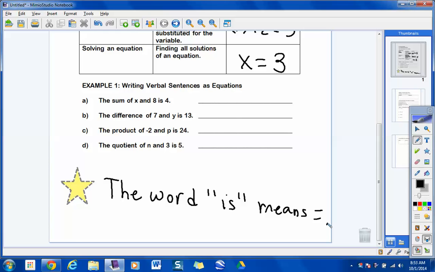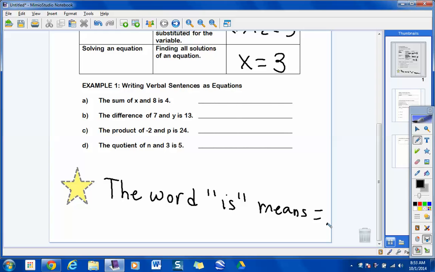All right, guys. The first one right here. Let's dissect this a little bit. In example 1, writing verbal sentences as equations, it says the sum of x and 8 is 4. I've got a variable x, a number 8, and another number 4.